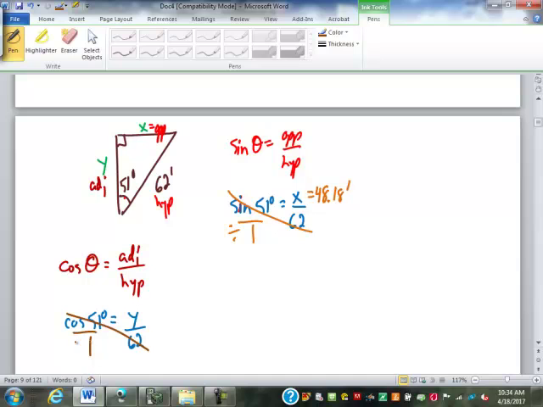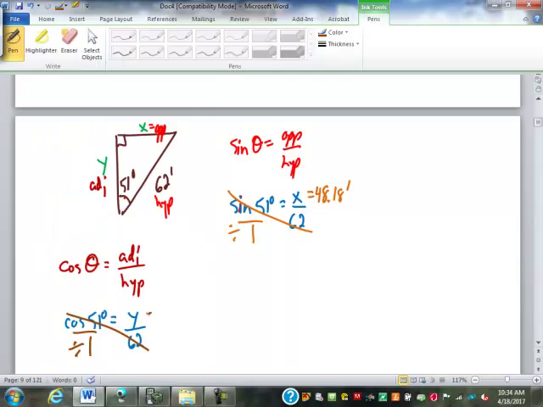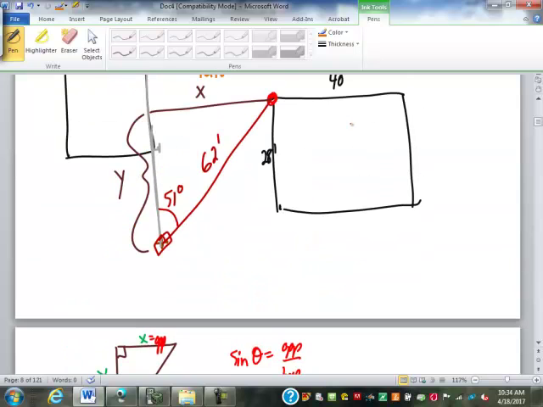Put that over 1 so we can cross multiply and divide. So cosine of 51 times 62 divided by 1 is 39.02 feet. So this is 39.02 feet.